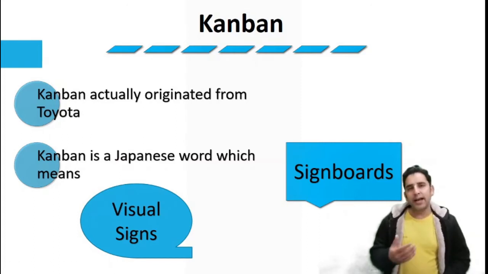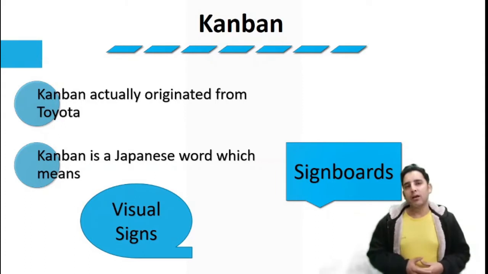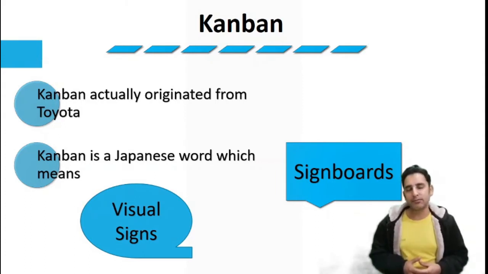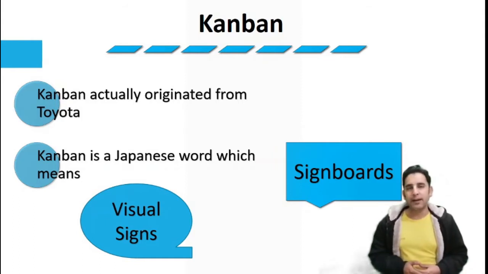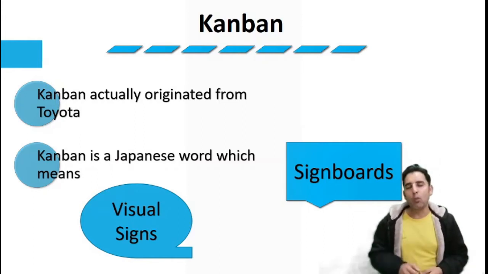Here, if we try to understand how the Kanban methodology fits within Agile, I'll just reiterate the true concept of Agile, which is that Agile is actually an umbrella term, and under that umbrella, there is a wide variety of methodologies, like Scrum, DSDM, FDD, TDD. Out of those, one methodology is Kanban.